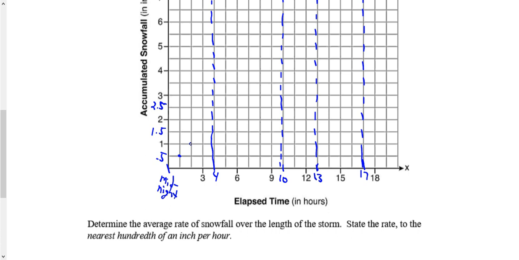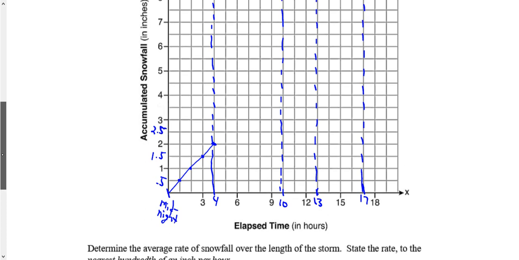Okay. And then the third hour, and then at hour 4, okay? Are you with me on that? So maybe you take your straight edge, your ruler, let's sketch that in there. And after that, what happened out there for the next 6 hours?